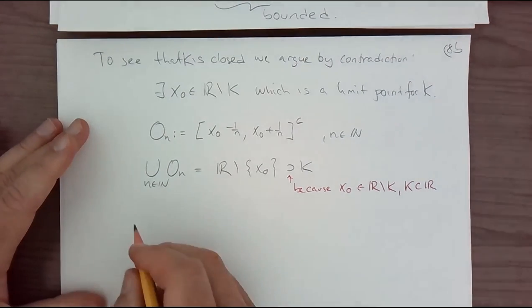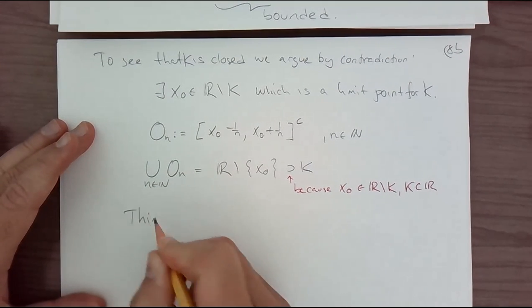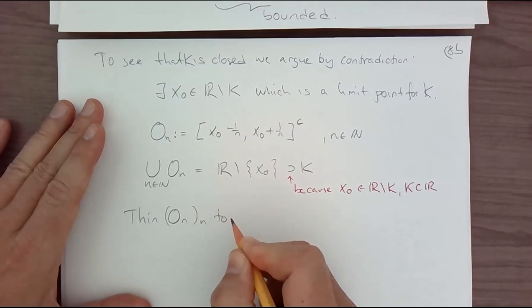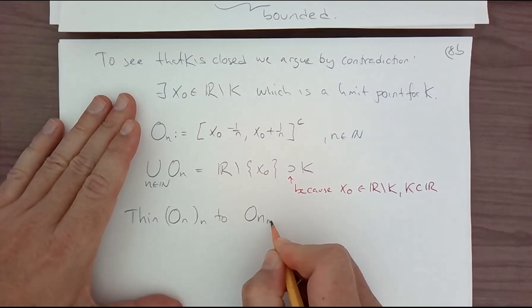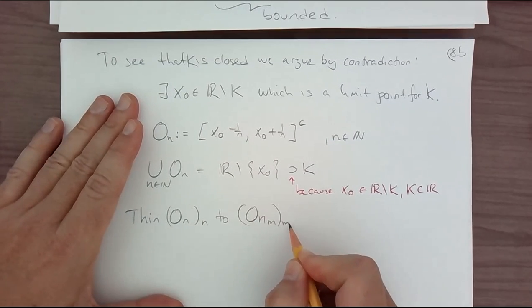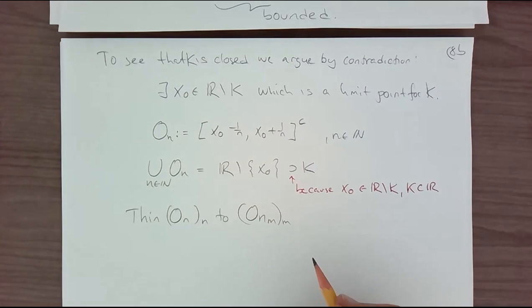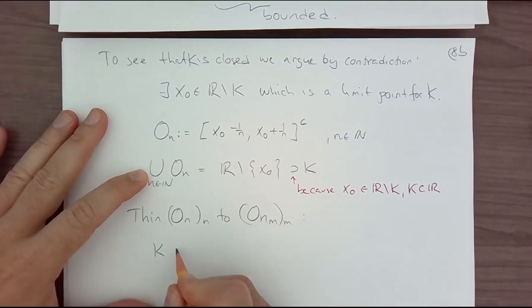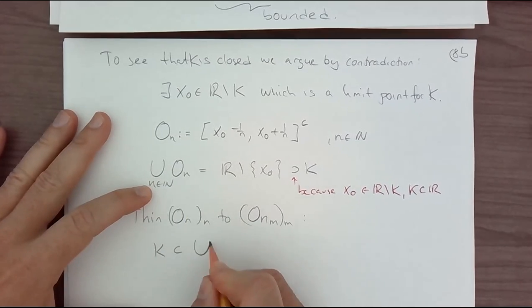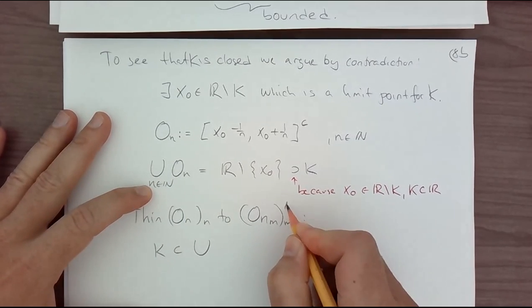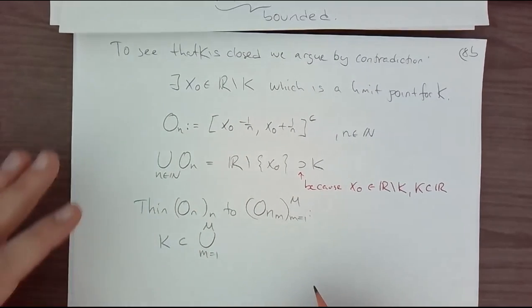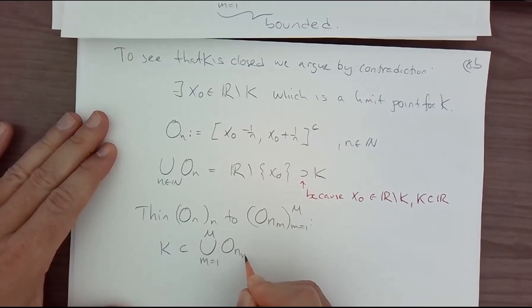We can thin it, so thin ON to say ON1 up to ONM. We want to have the same property, so K is inside. Now we don't do the big union, we just do the little one of these ON m's.